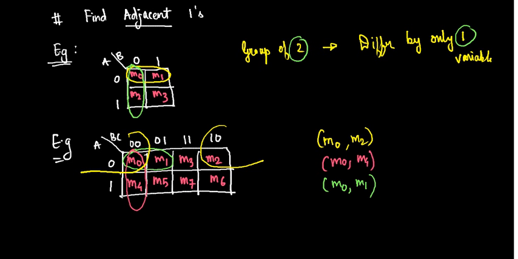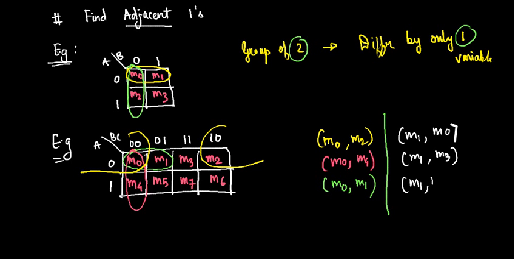So this is only for 0. What about M1? What are the adjacent ones for M1? You tell me. For M1: M0, see these two are adjacent. M1, M3, M1, M5.